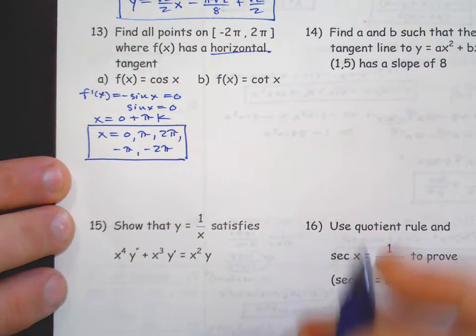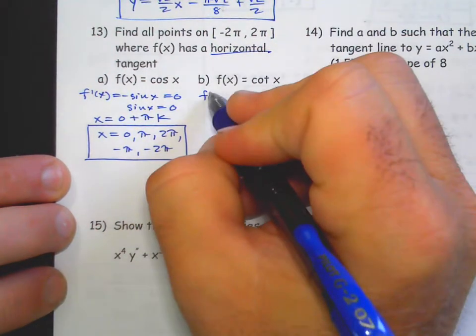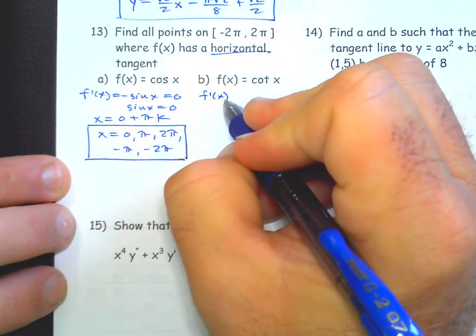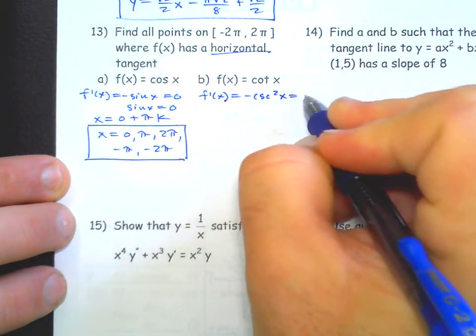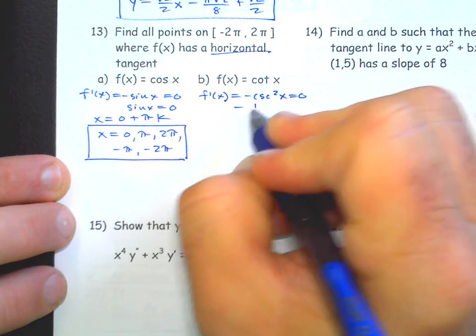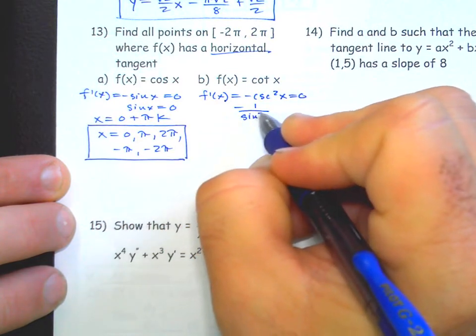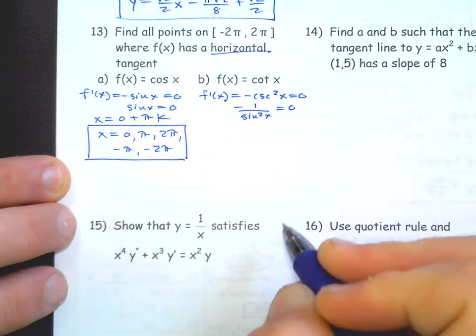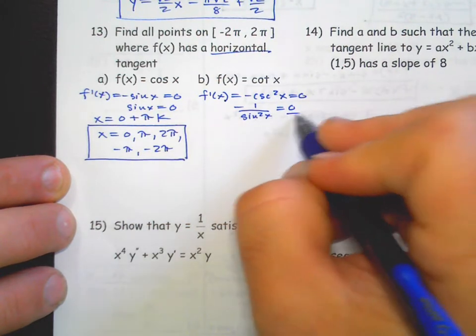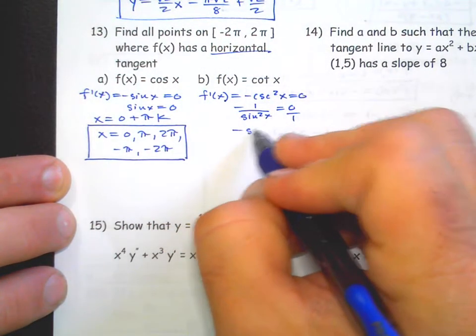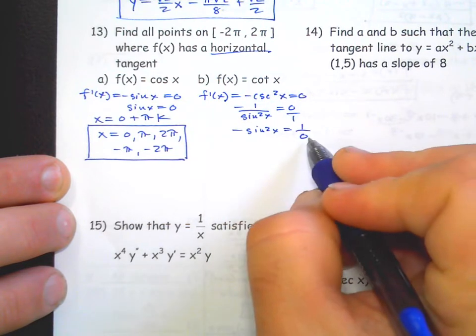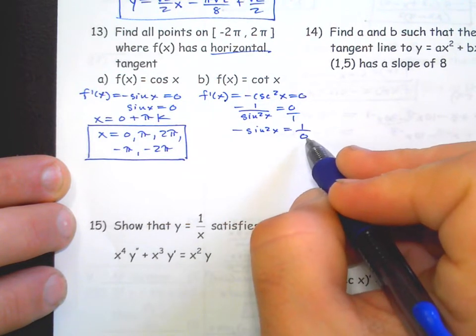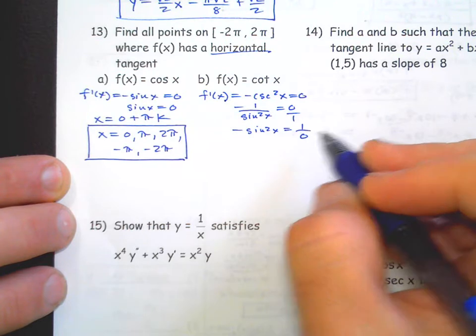Okay. Next one, f prime. Derivative of tangent is secant squared, so negative cosecant squared equals 0. Then I like to change this to negative 1 over sine squared, right? And then we could try and solve this, flip both sides. Is sine ever undefined? I mean, some of these graphs are undefined.